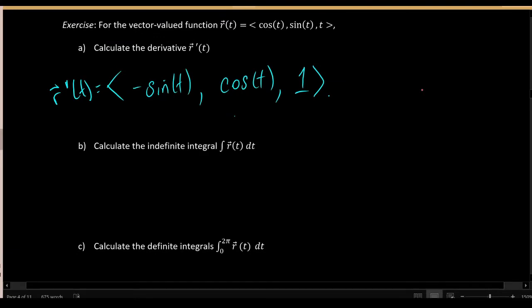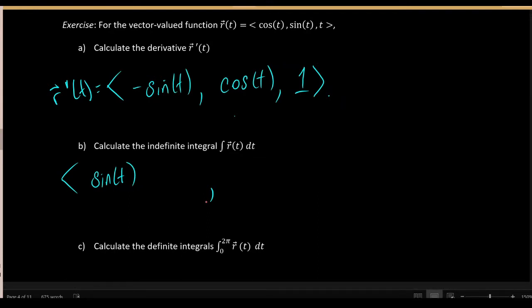So someone now asks me for the indefinite integral of the vector-valued function. So I can calculate the indefinite integral of the components one by one. So I say, what's the indefinite integral of cosine? The indefinite integral of cosine is positive sine. But what is missing from my answer as of this moment? What do you always have to include when you calculate an indefinite integral that I have not included here?